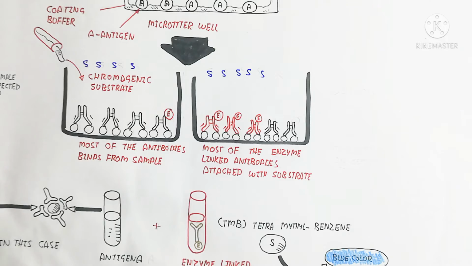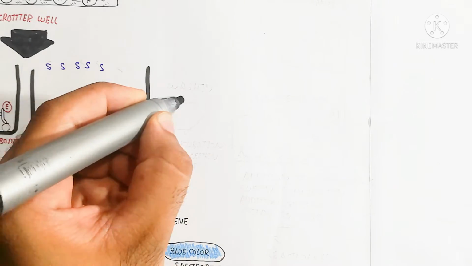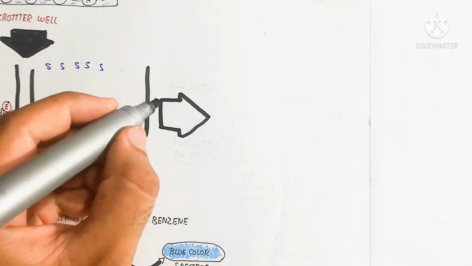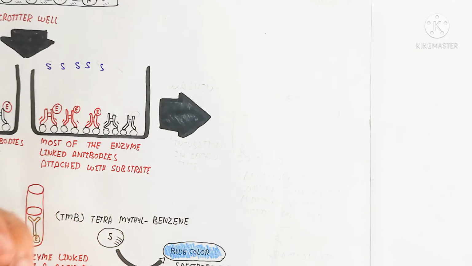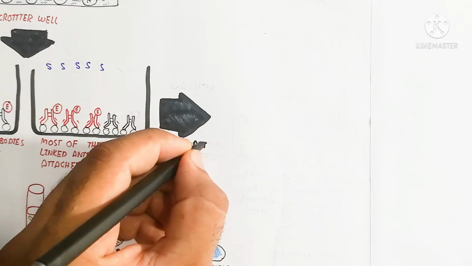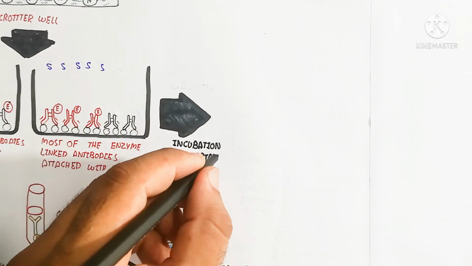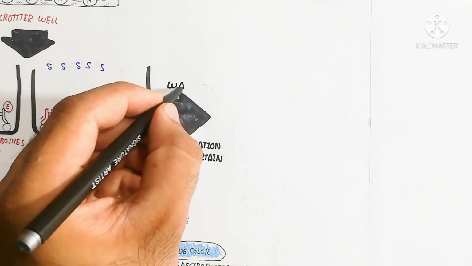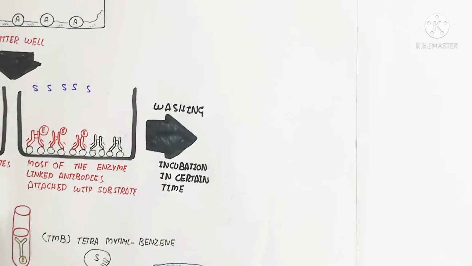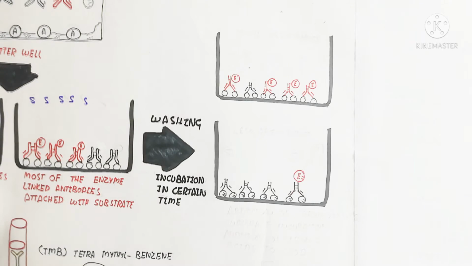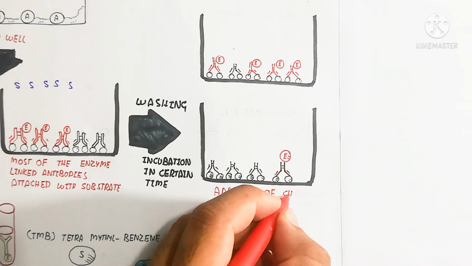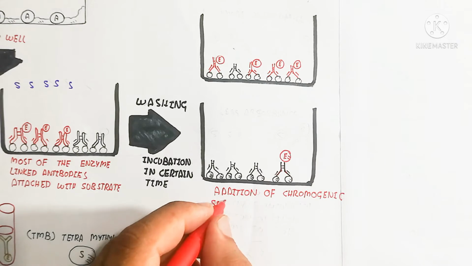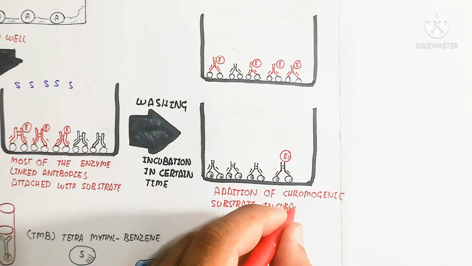Here we first add washing. After the washing, the extra antibodies that are not attached to the antigen are shed, following incubation for a certain time, because the antigen is completely bound by the enzyme linked antibodies or the antibodies from the serum sample.